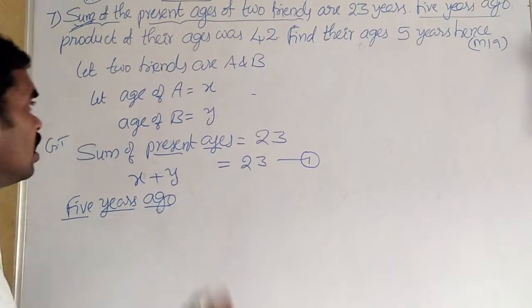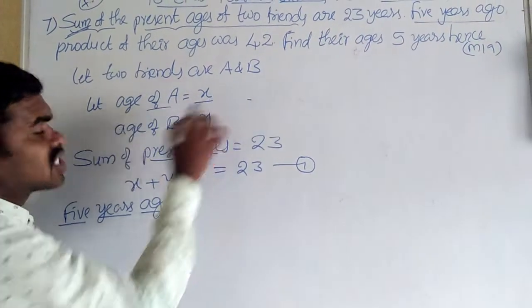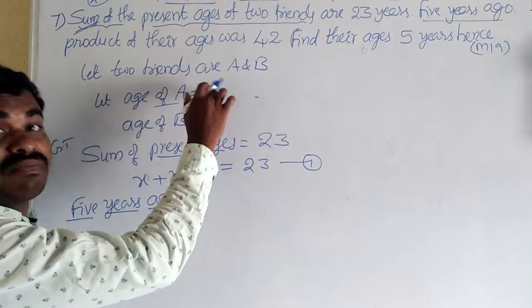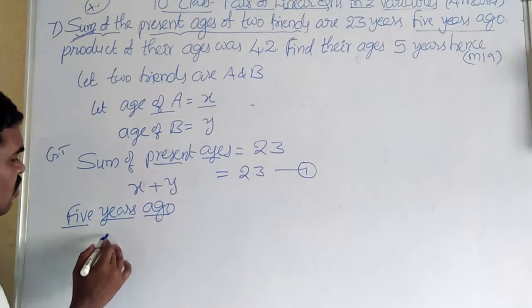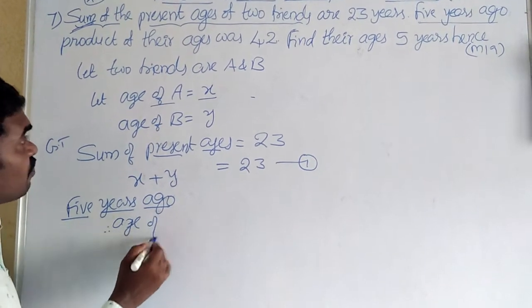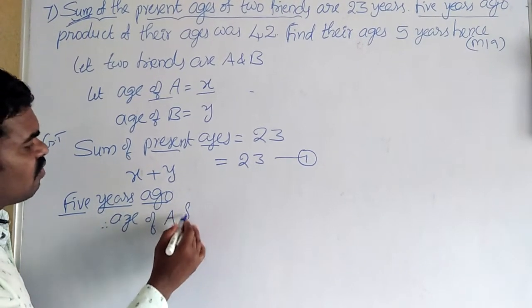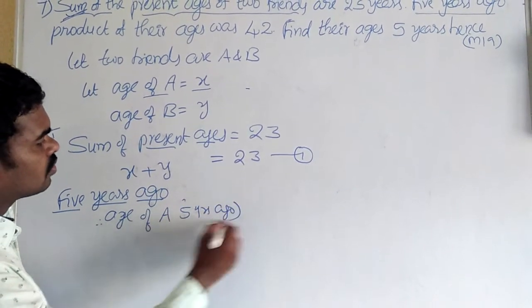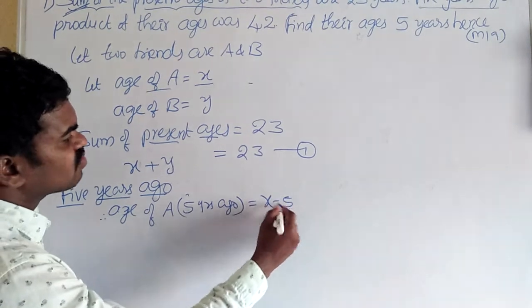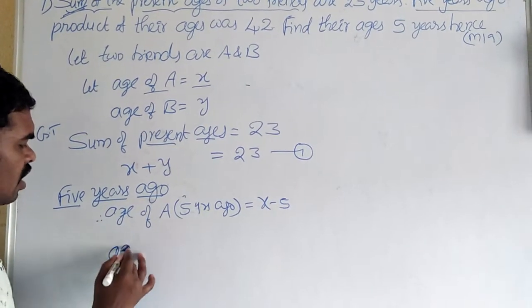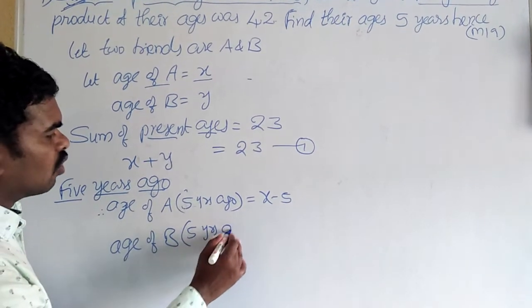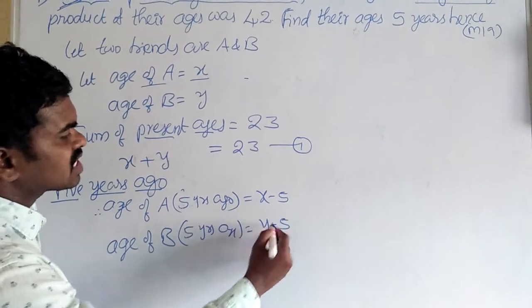Like that, the age of A is x years now, so 5 years ago his age was x minus 5. Similarly, the age of B 5 years ago is y minus 5.